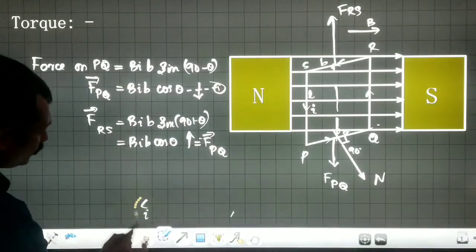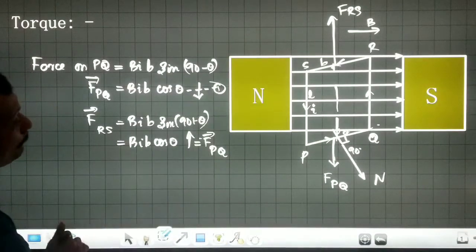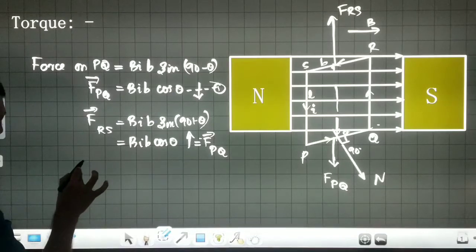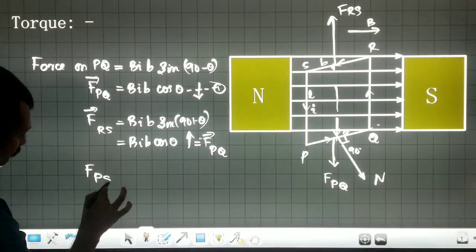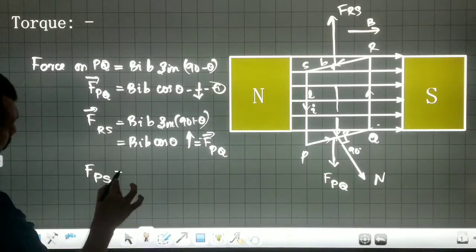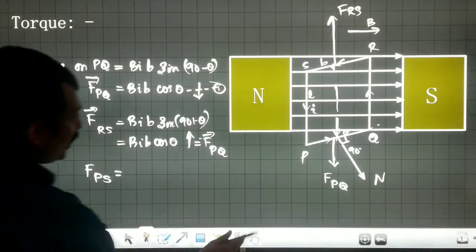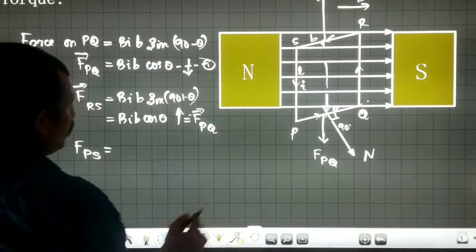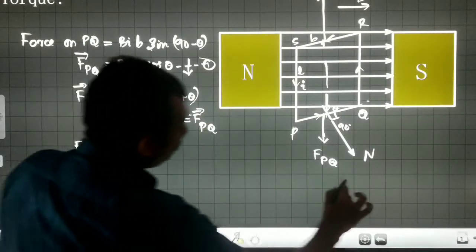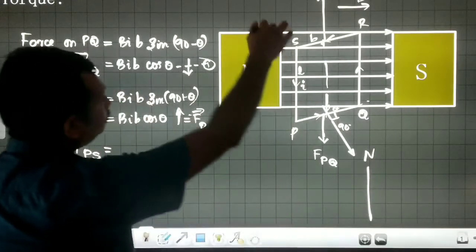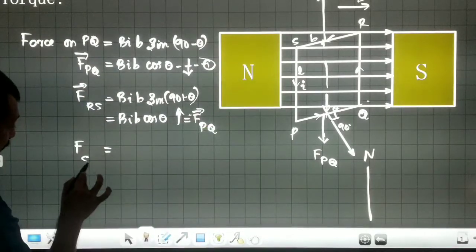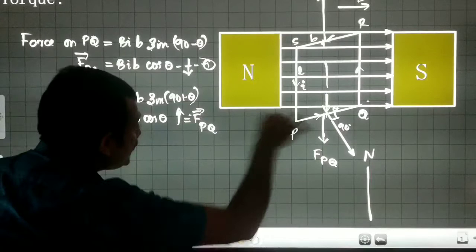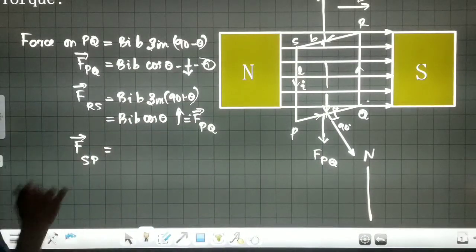Now the next job we are going to see is the force on PS. Now you can see here on the board, the force on PS. I should say not FPS, it is FSP. The direction of the thumb is from S to P, so I am saying FSP.